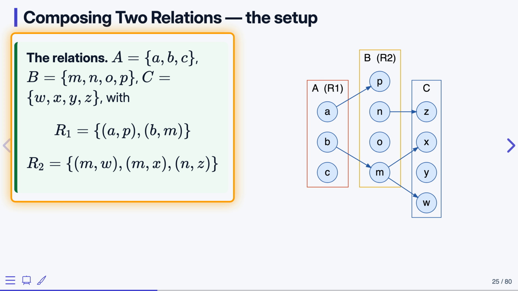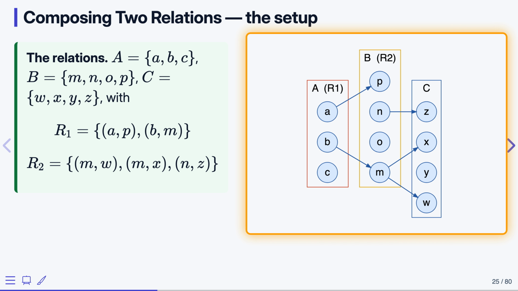The set C holds w, x, y, and z. R1 holds the pairs (a, p) and (b, m). R2 holds the pairs (m, w), (m, x), and (n, z). The picture shows 3 columns of dots. R1 draws the arrows from a to p and from b to m. R2 draws the arrows from m to w, m to x, and n to z. On the next slide we walk the paths and read off the composite.